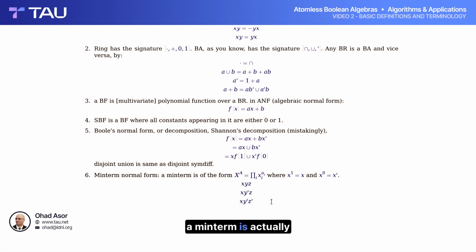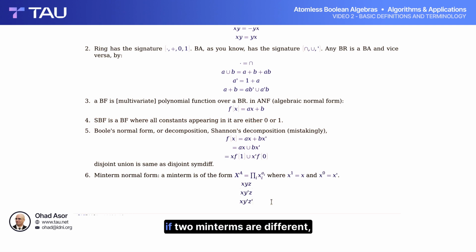A minterm is actually a DNF clause, but under the assumption that all variables appear in it. And this is important. Usually, we use minterms under the assumption that all minterms are disjoint.